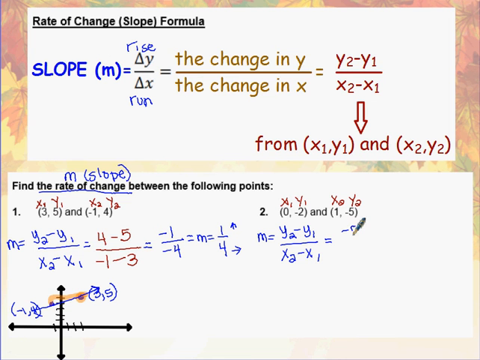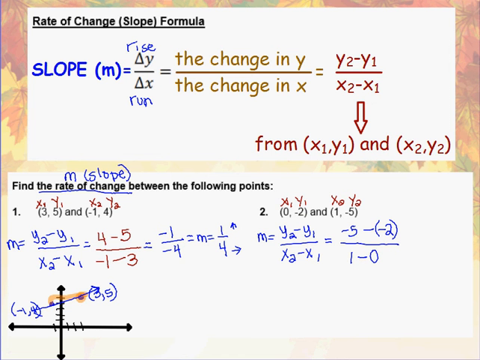y2 is negative 5. I have to subtract y1, I have to subtract negative 2, all over x2, which is 1, minus x1, which is 0.